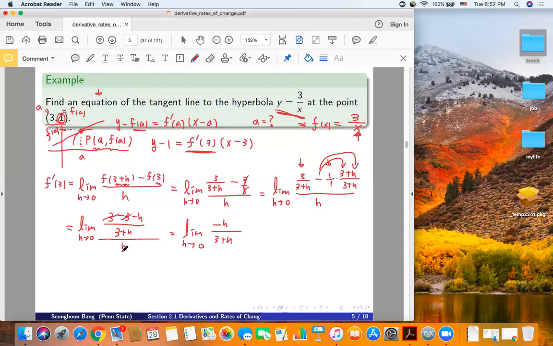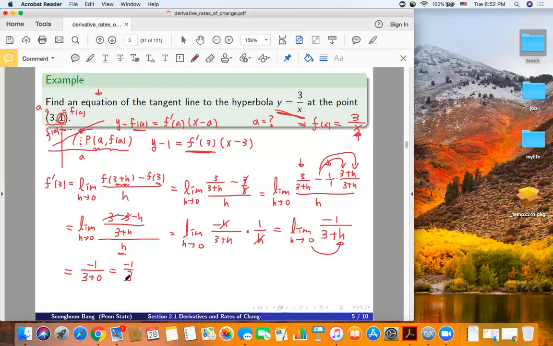I change the division to multiplication: the denominator is h, so times the reciprocal of h, which is 1 over h. H crossed out. So we have the limit as h approaches 0 of negative 1 over 3 plus h. The next step, you plug 0 into h. So we have -1 over 3 plus 0, which is negative 1/3. That's good.